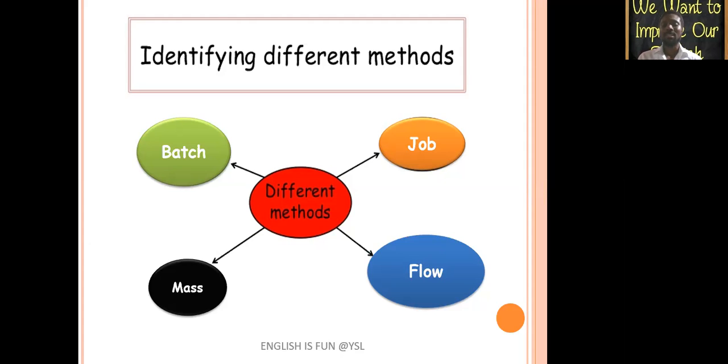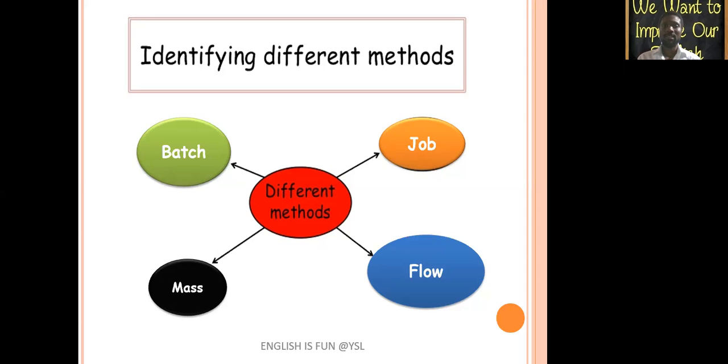So different production methods are going to be in line with the product that you want to produce. The type of products that you have in mind to produce is going to tell what kind of methods you are going to put in place.